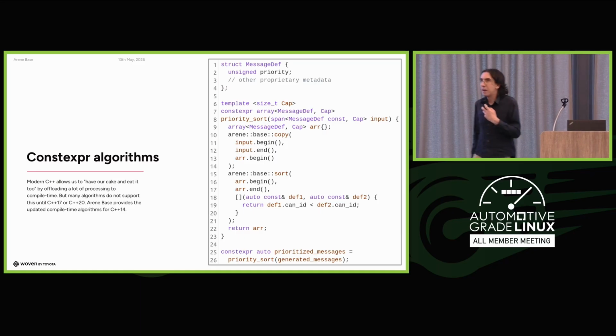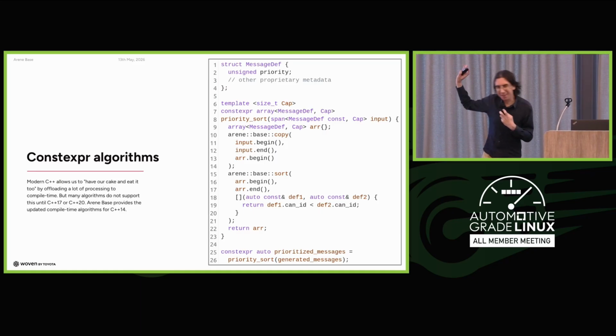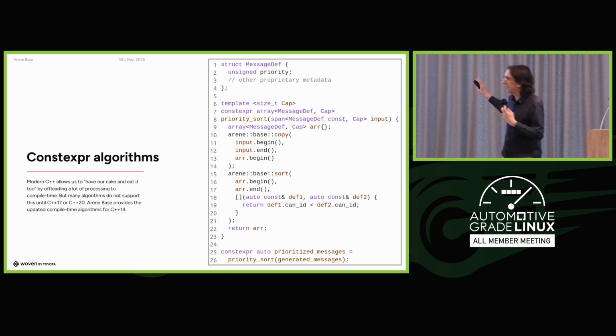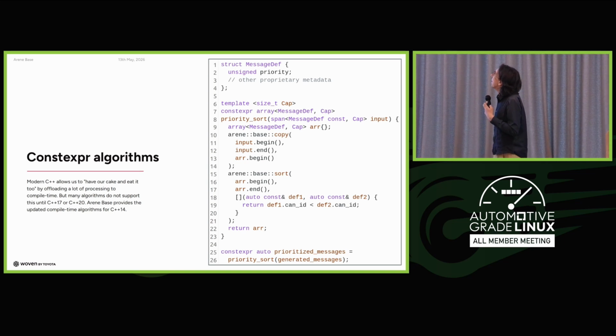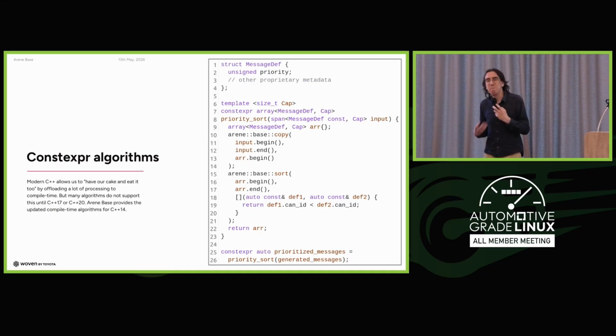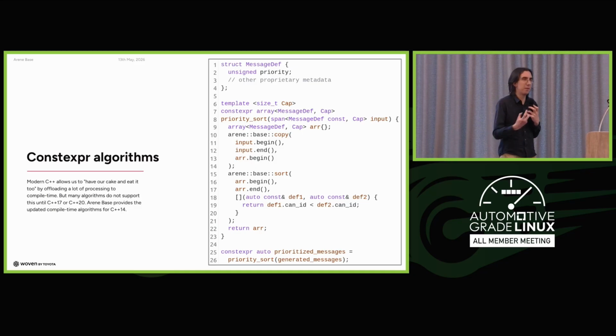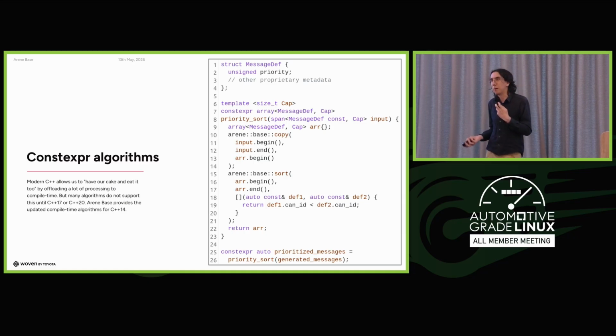Another thing that we have added is constexpr algorithms. So here's some code again. Apologies if you don't know what this means. I will go through very quickly. It's not too complicated. But basically the idea here is that maybe you have some message definitions, some definitions of message types that can be sent around the car. And each one of these has a priority.